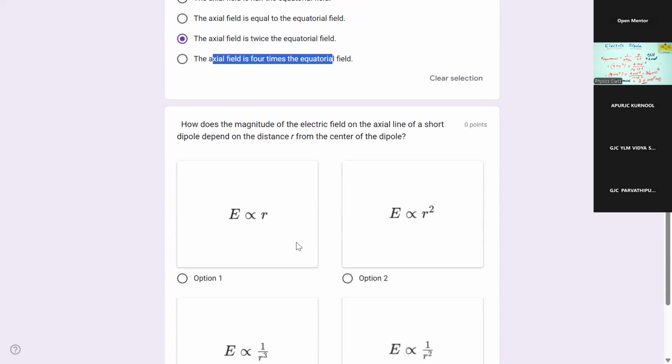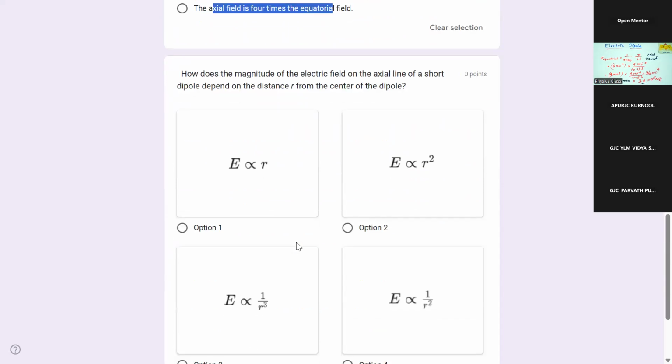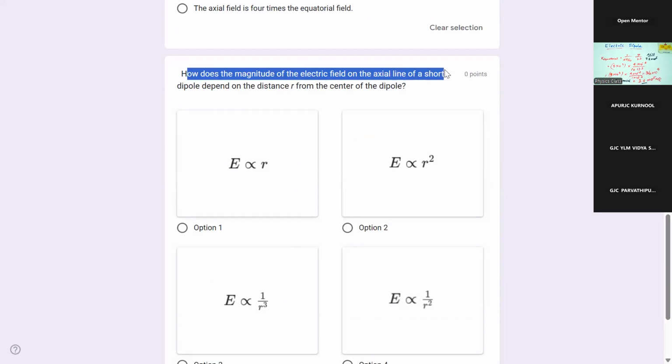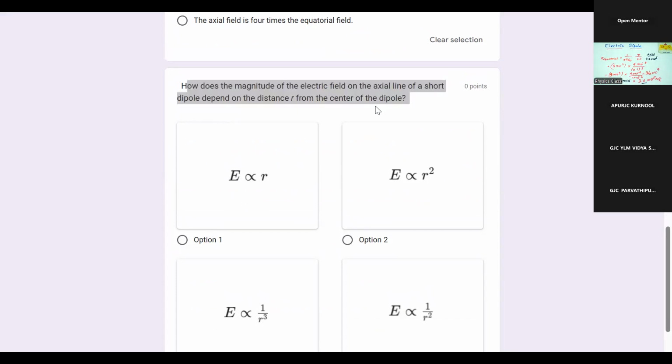Now, the next very important question. How does the magnitude of the electric field on the axial line of the short dipole depend on the distance r from the center of the dipole? Please remember the formula for the electric field on the axial line of a short dipole.